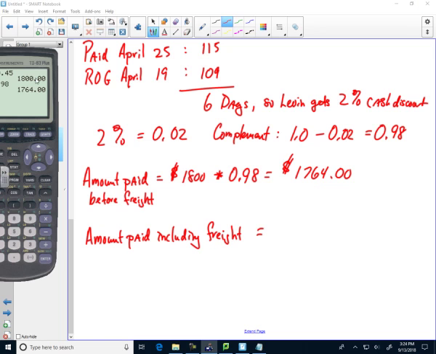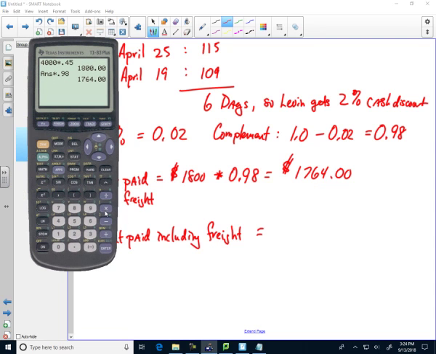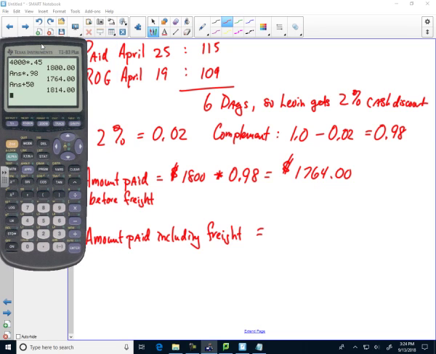Freight was what, $50? Yeah. And with this type of calculator, if I just hit the plus sign, it gets the previous answer, which is that. Saves you a lot of typing, or keying in, I guess. 1,814 dineros.